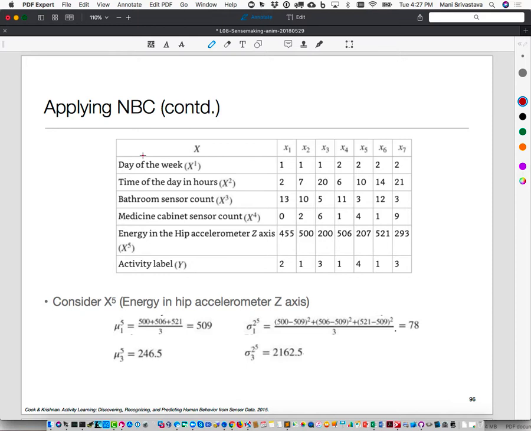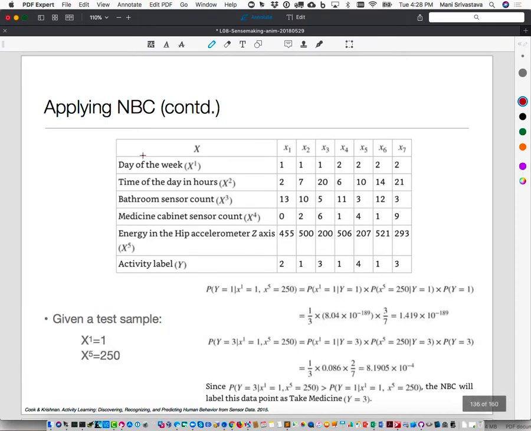So now I have these distribution parameters for the two activity levels. And now we can answer a question like, let's say I'm given a feature vector which happens to have x1 equal to 1 and x5 equal to 250. So let's say we were only sticking with feature vectors of two attributes.